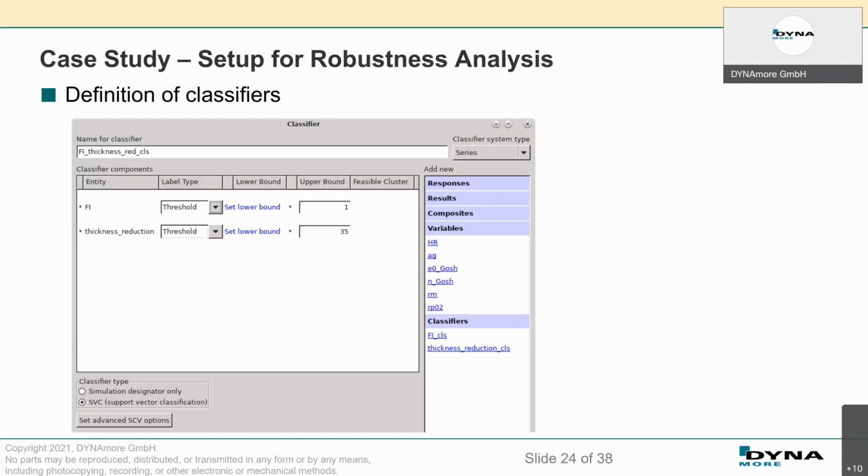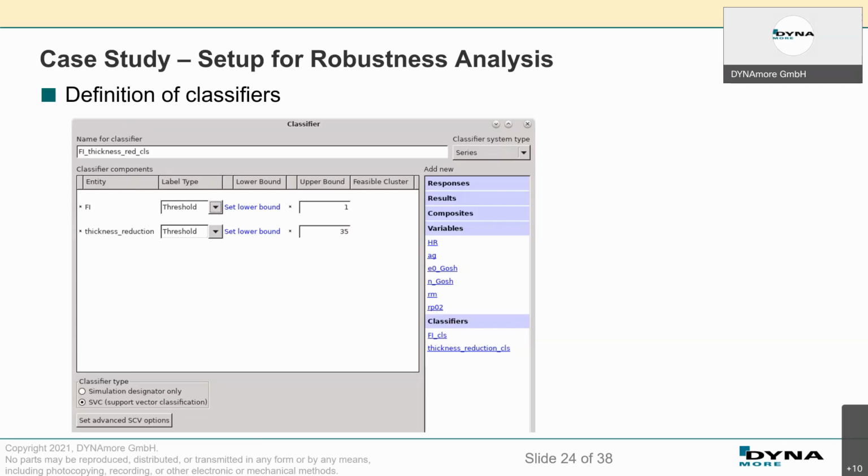We have interfaces to more or less all the LS-DYNA output, like D3plot and the bin-out files and entities that are available in bin-out and so on. So it's easy to extract entities like the Formability Index or the thickness reduction directly using those interfaces. And then we can use those components for the classifier definition.